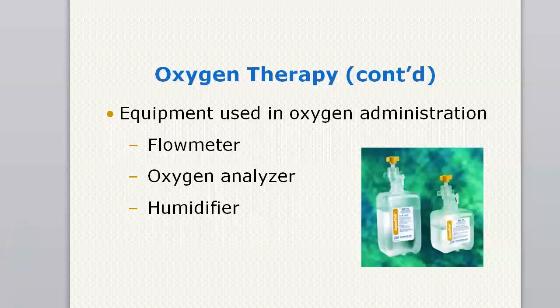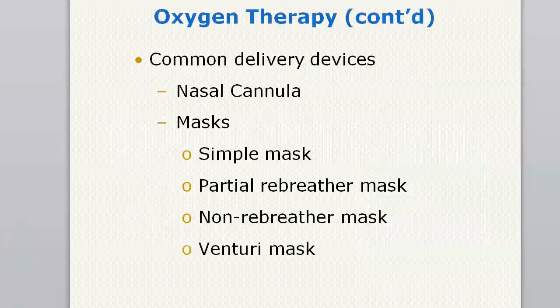Probably the most common type of oxygen delivery system that we provide to our patients is the nasal cannula, and it seems to be the most comfortable device, which our patients tolerate very well. And you'll see a lot of our patients with severe respiratory problems tolerate it as well because they don't feel very claustrophobic with it.